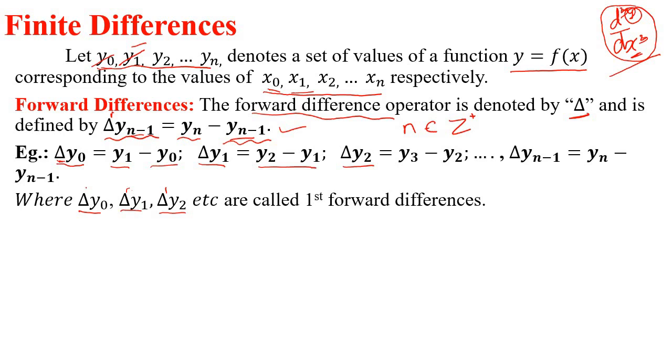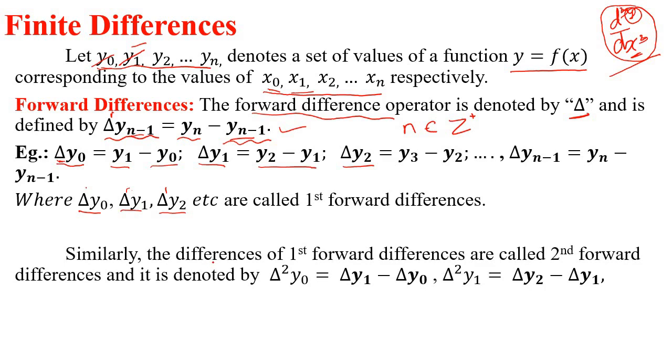Now I will explain how to find the second order forward difference. The differences of the first order forward differences are called second order forward differences. Observe the first order forward difference of y0: it is y1 minus y0.